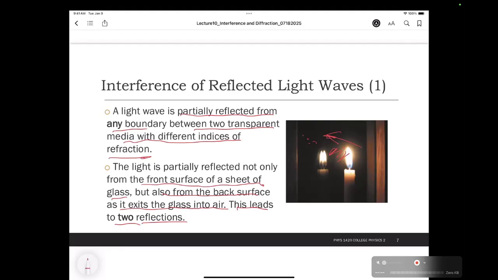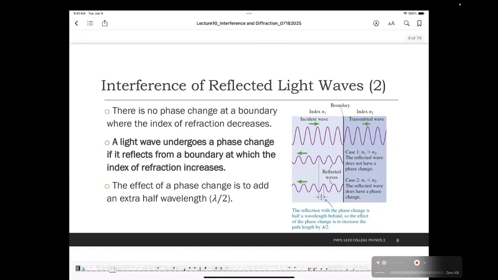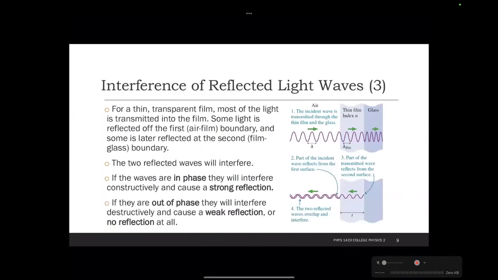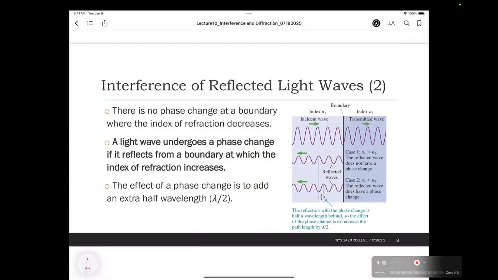I will show you why. You can see here there is a boundary. Here is the mirror, and here is the air. Am I right? When the incident wave meets the boundary, the mirror boundary, some waves will be reflected, but there are also some waves that will be transmitted into the glass.